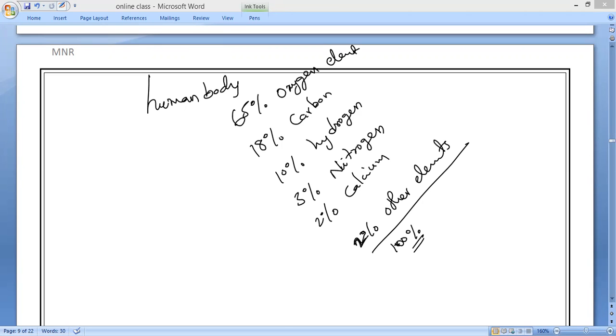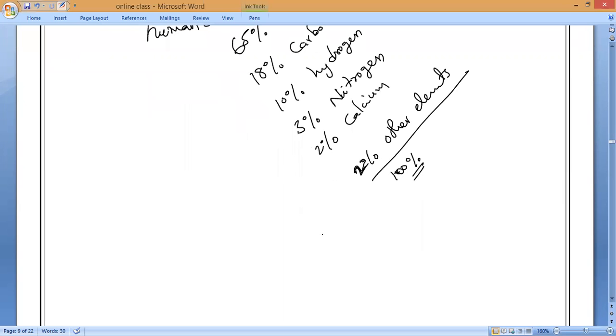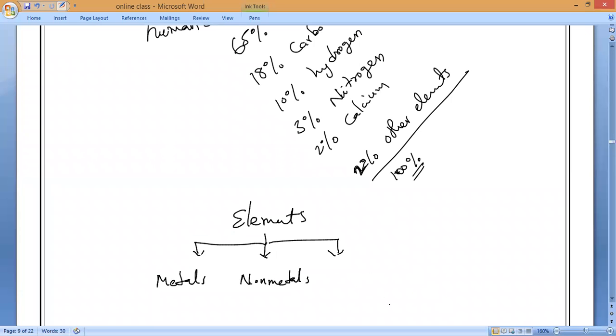So this is about what elements are and how these elements form so many things. Now these elements, based upon their properties, we classify into three categories. What is that, everybody? One is metals, another one is non-metals, and another one is metalloids.